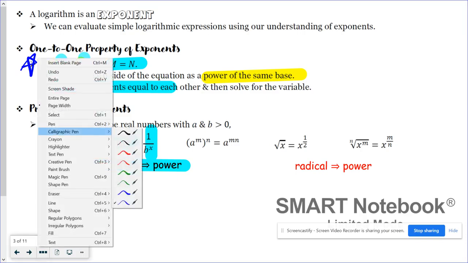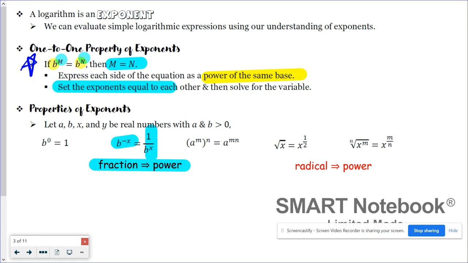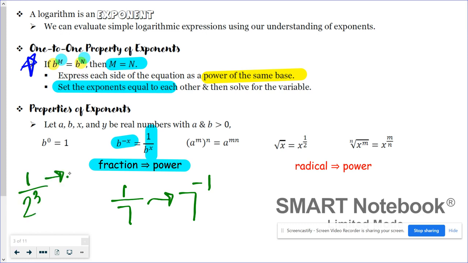So for example, if I had 1 over, let's say 7, I can rewrite this as 7 to the negative first power. Okay. If I had 1 over 2 to the third power, I can rewrite this as 2 to the negative 3 power.